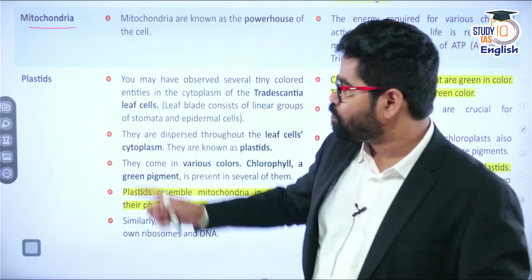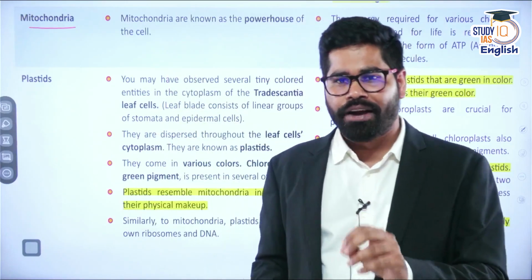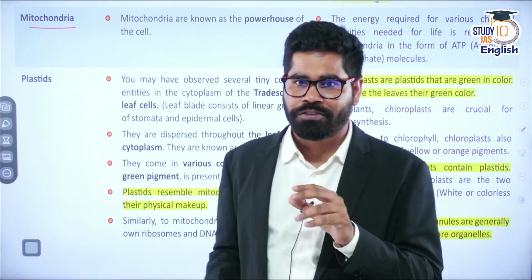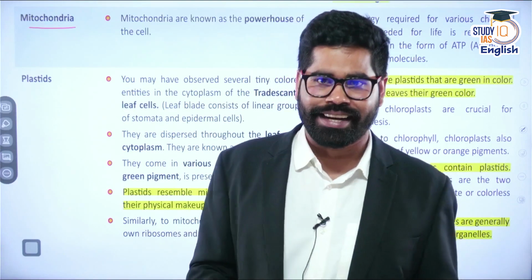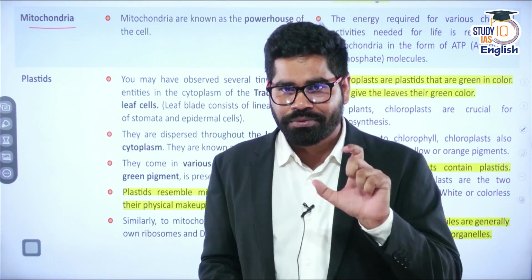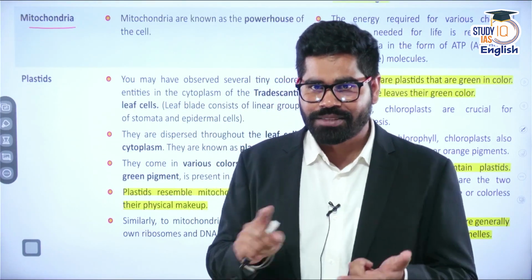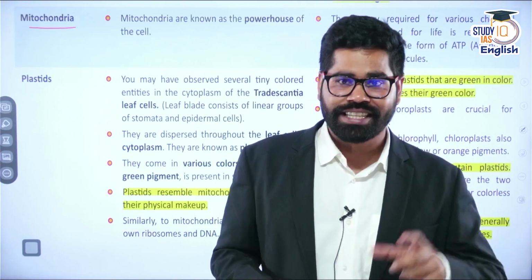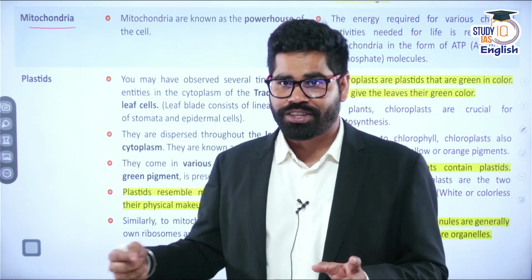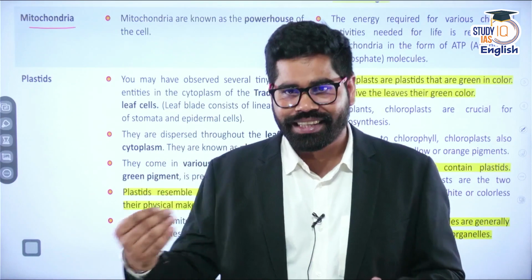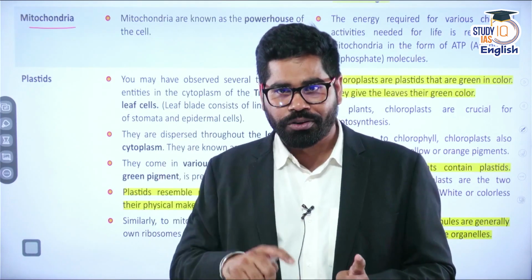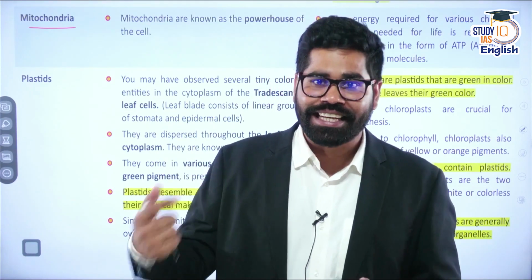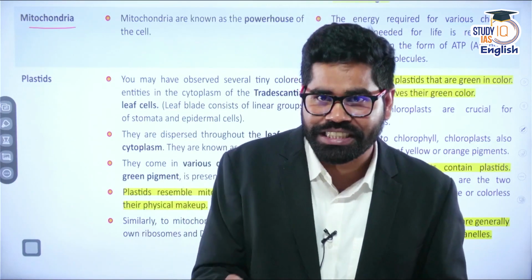This mitochondria also has some little amount of genetic material inside it. And you have to understand one thing here: this mitochondrial DNA or genetic material is also transferred from one generation to another generation. And if the mitochondria is defective, it can lead to transfer of hereditary disease as well.